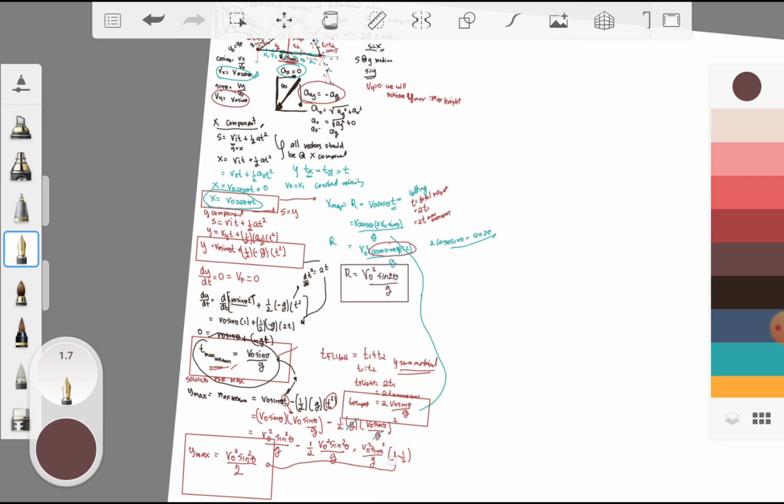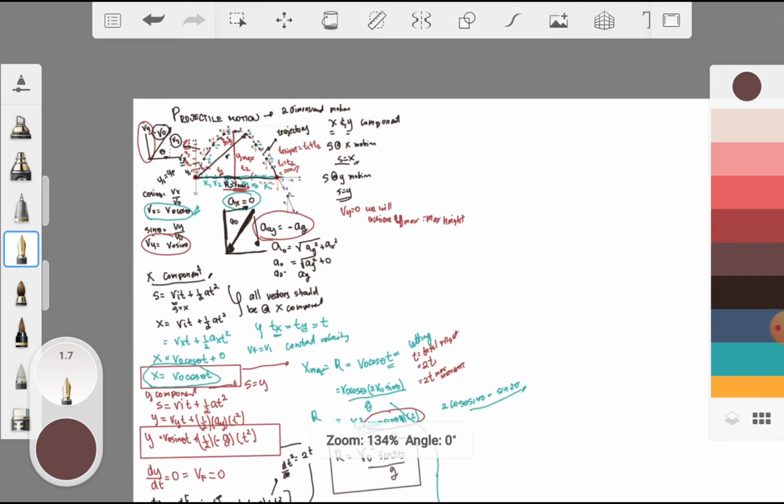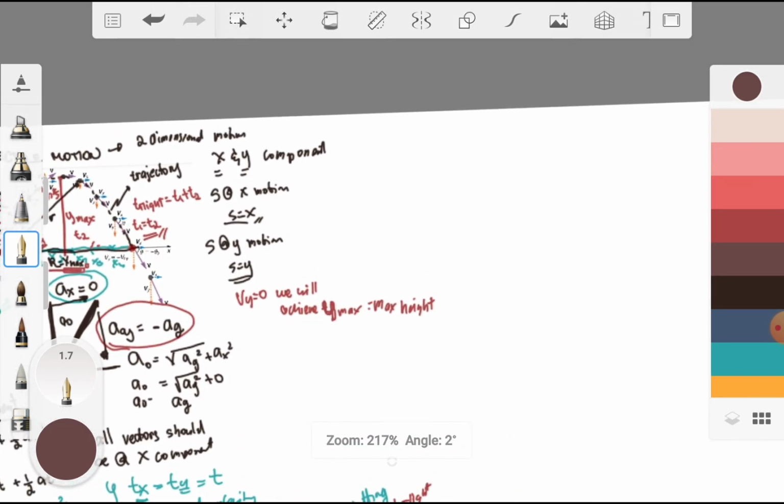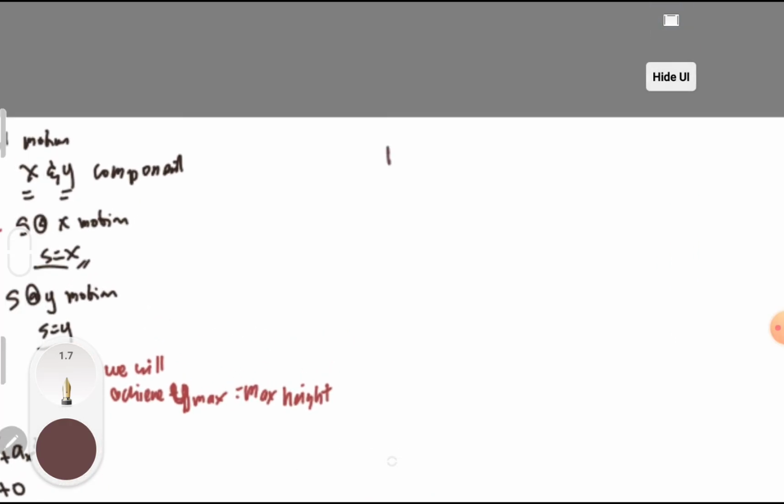So meron pa tayong formula na isa, which is particularly yung tinatawag nilang formula of trajectory. So if you are talking about your formula of trajectory, you will see the x and y component in that formula. So paano natin ngayon susolve to?